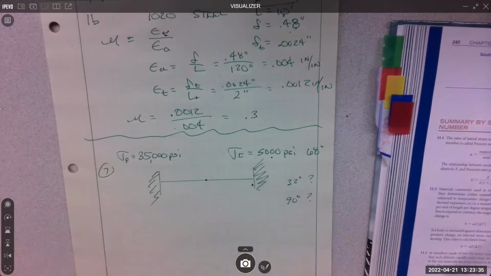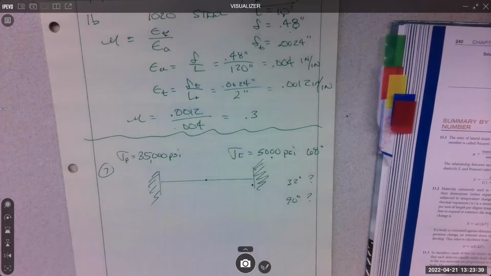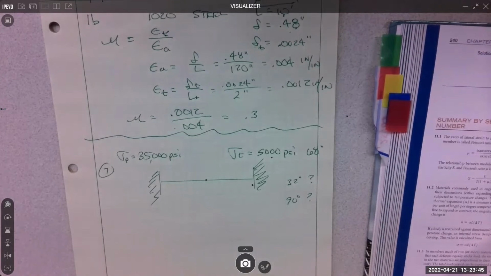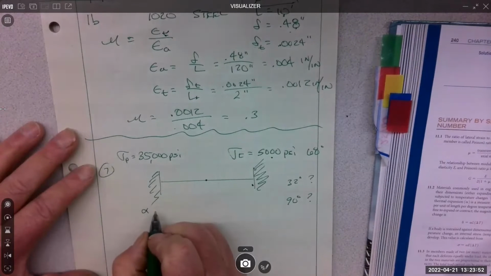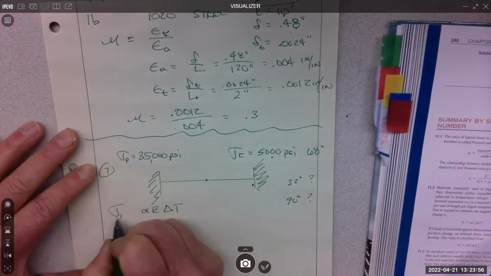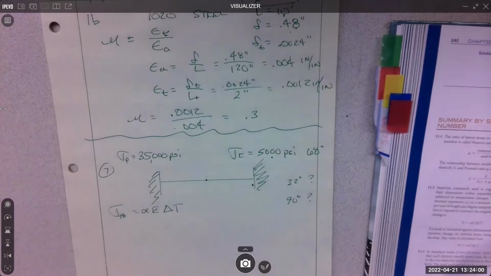So what you have to do is figure out, with that temperature change, 68 to 32, how much stress gets developed. The stress equation for thermal was alpha E delta T.